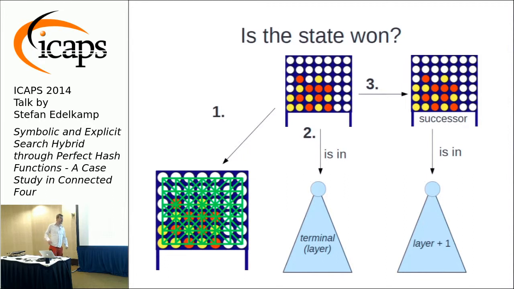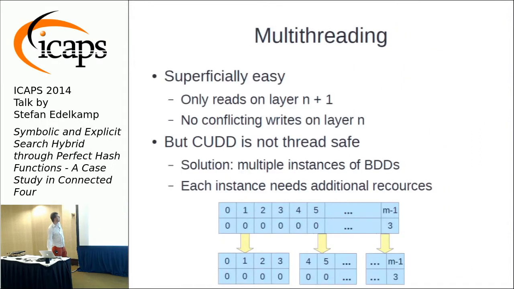So we try to be as general as possible, even though it looks as if we do only Connect 4, but we want a strong case. These two things are problem independent, but this one is problem dependent. So either you look in the layer of the goal state, or you make the babies and look there if the successor is there to know whether it's a goal or not.